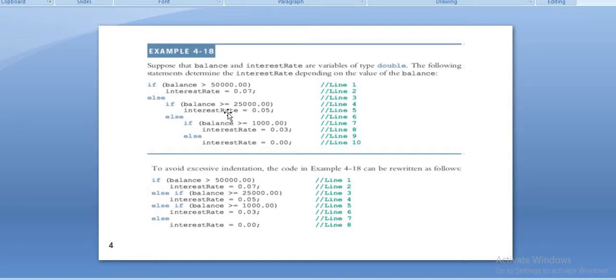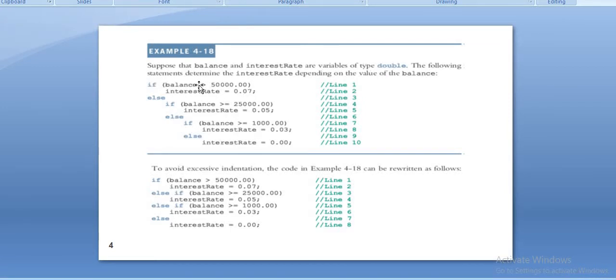Recall that balance and interest rate are variables which must be declared before using them. It is given in the problem that the data type of these two variables is double.